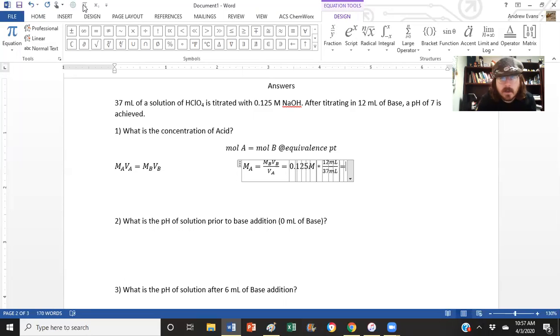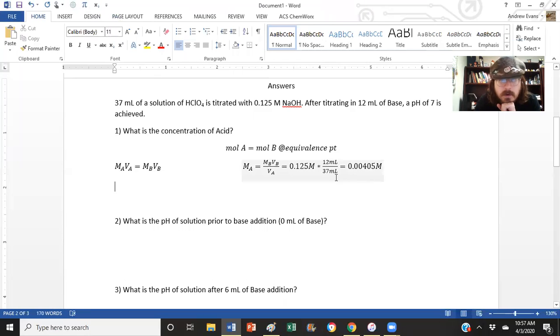Plugging those numbers in, it's okay that we left those in milliliters because they're both in milliliters, meaning the molarity of our acid has to be 0.00405. We're going to leave it there. That's something we're going to use going forward. This is our concentration of acid.